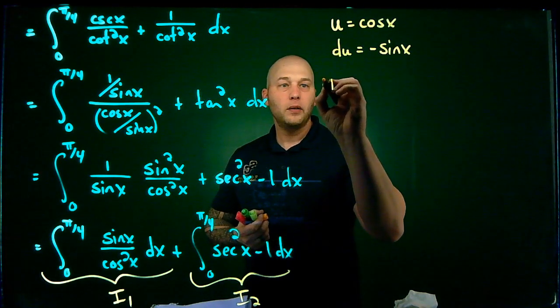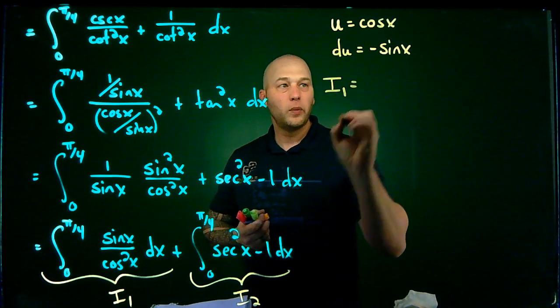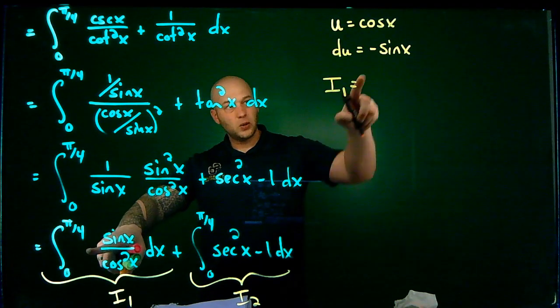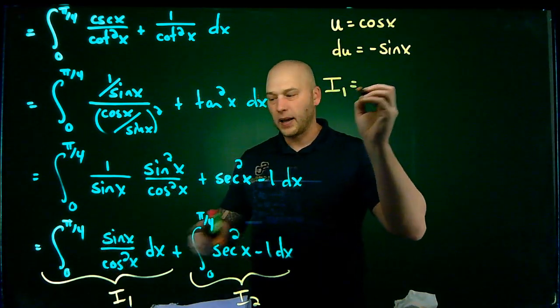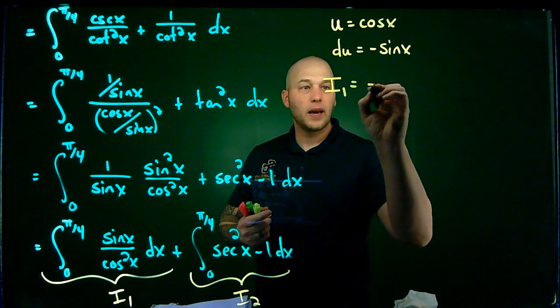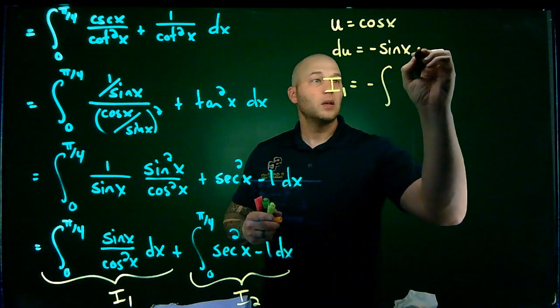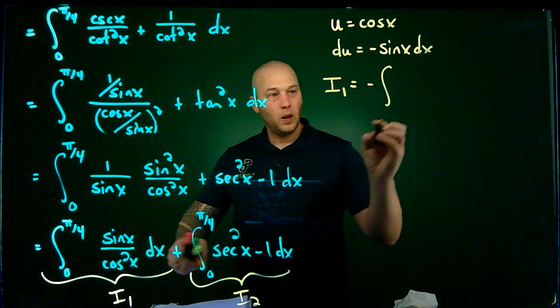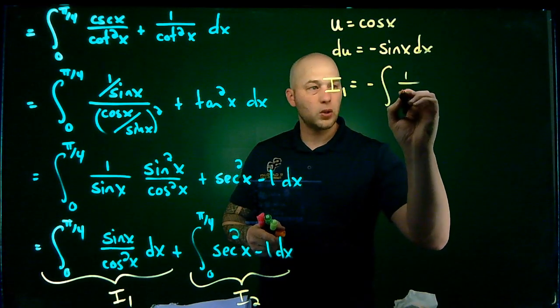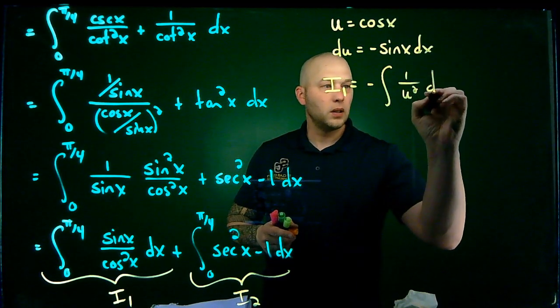So I1, the first integral, would be, well, I don't have a negative here, so to compensate for that, I have to put a negative and then cancel it, giving me negative integral of sine x dx would be du, so that's 1 over u squared du.